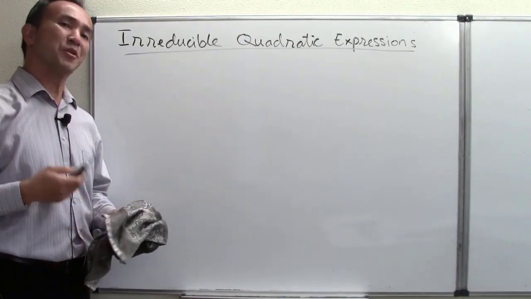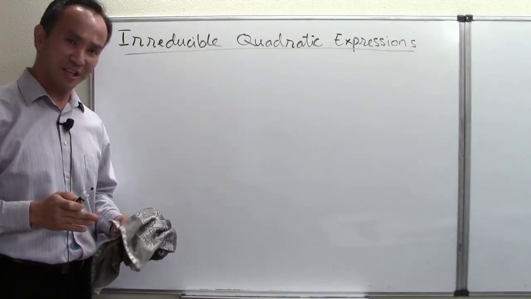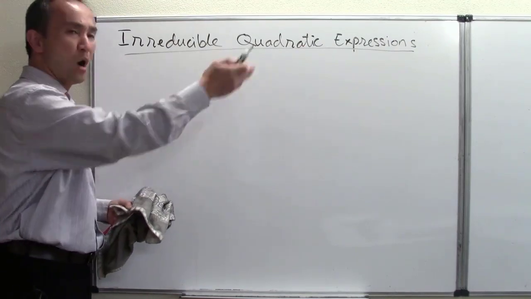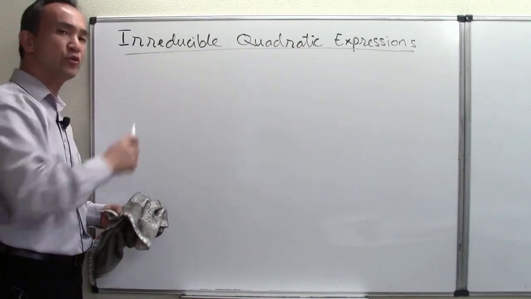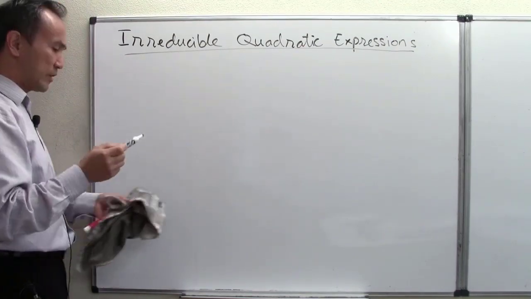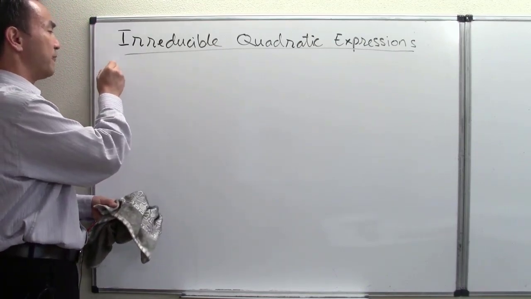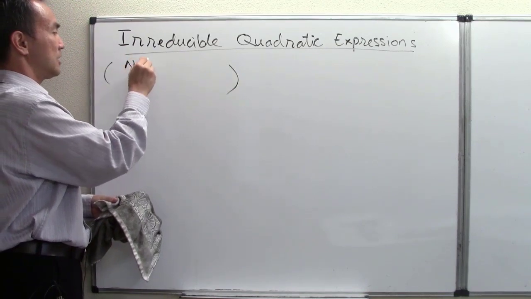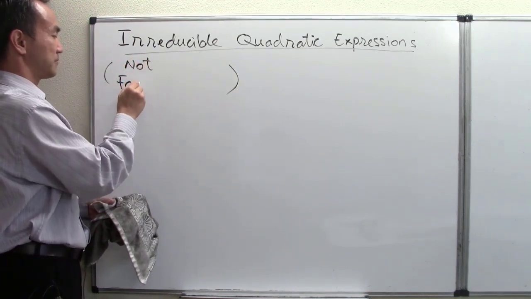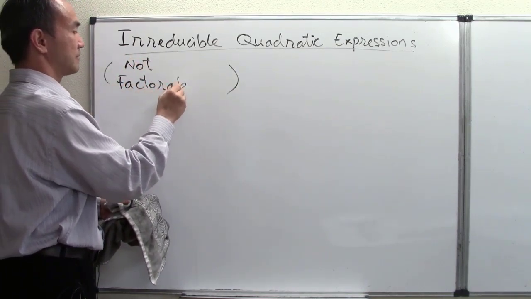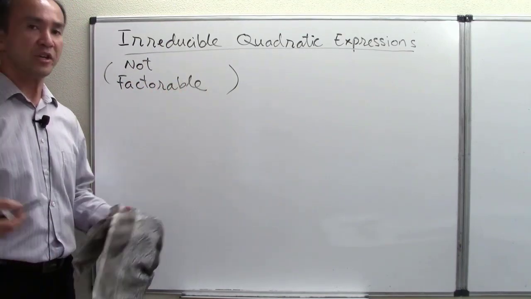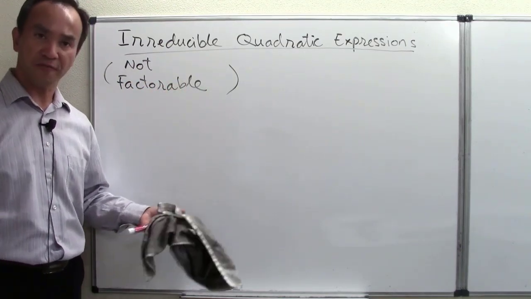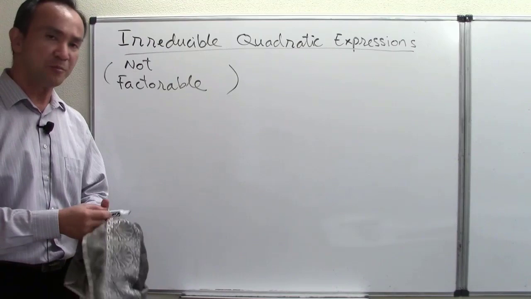All right, so I want to introduce, for anyone learning in this lesson, quadratic expressions that are irreducible. Irreducible is basically another way of saying not factorable. But what does factorable mean?